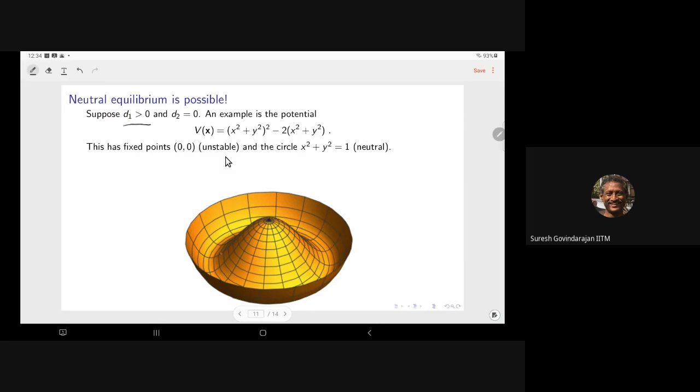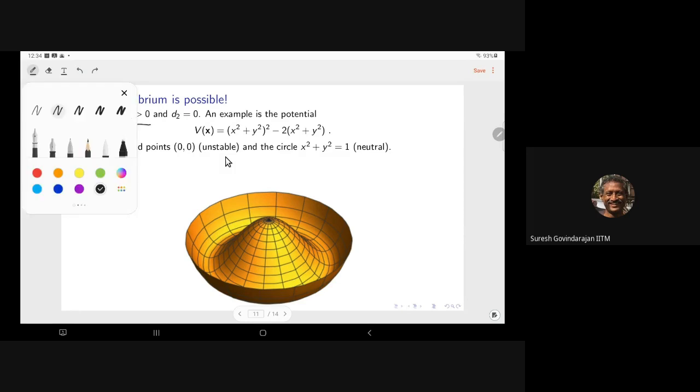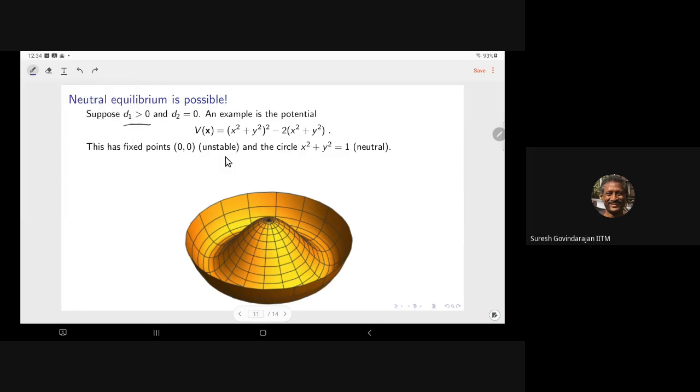But then it has a whole bunch of fixed points, which is a circle. Take that to be this circle, and these are neutral.